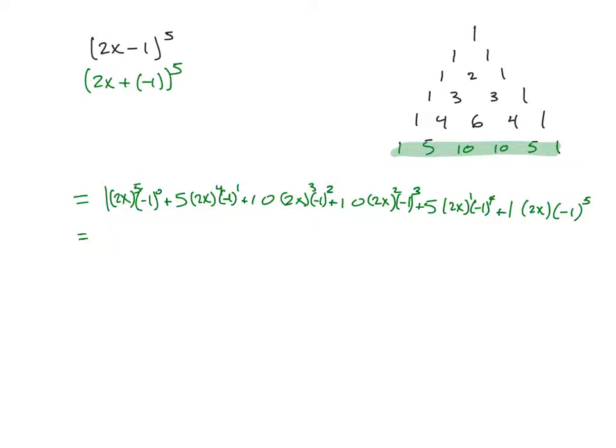This is the same as 32x to the fifth. Again, negative 1 to the 1 is positive 1. So 32x to the fifth plus, I have 16, right? Because 2x to the fourth is 16. The fifth times 16x to the fourth times negative 1.